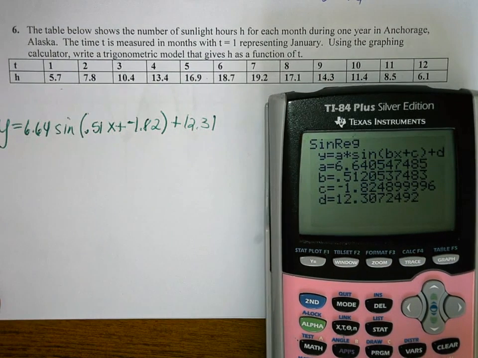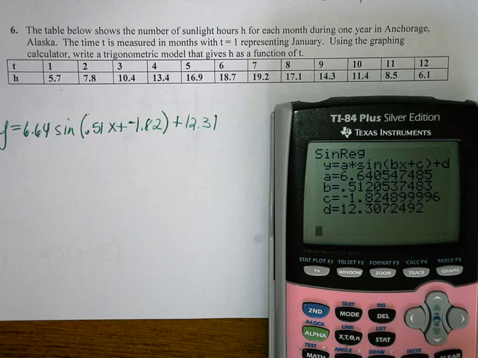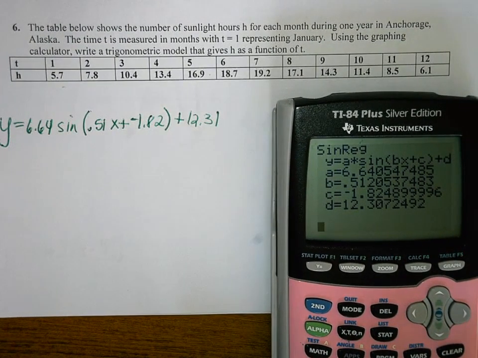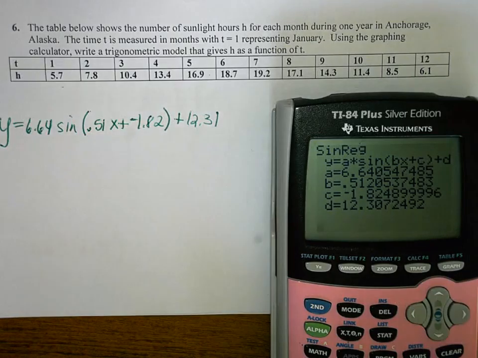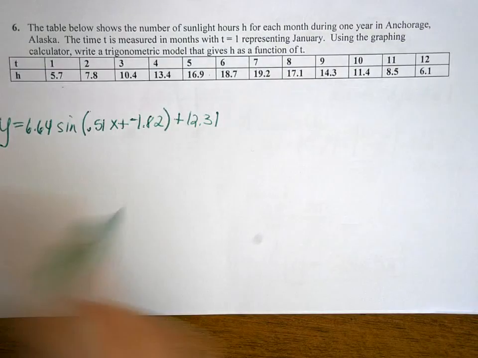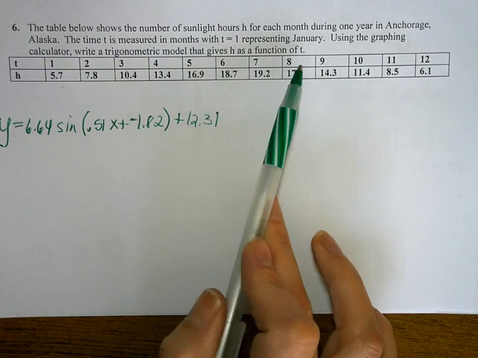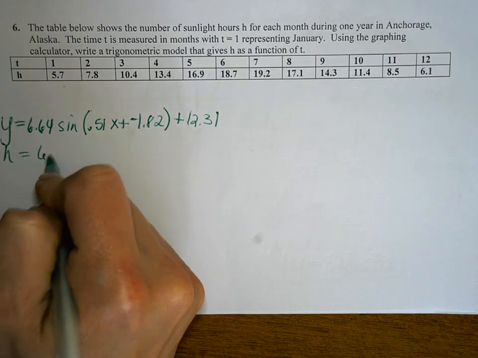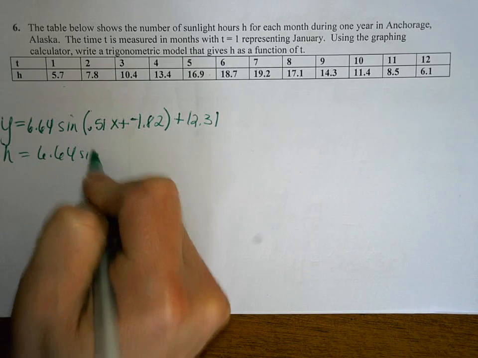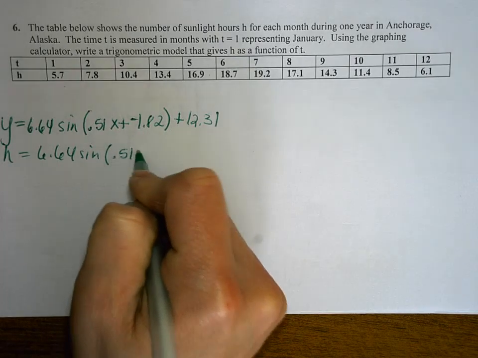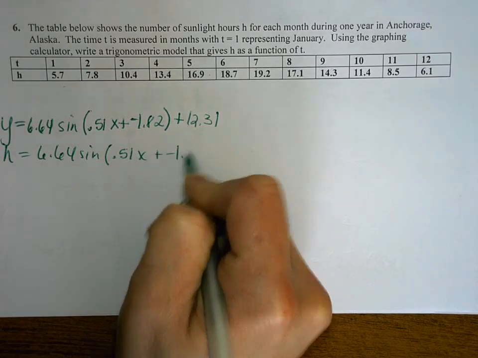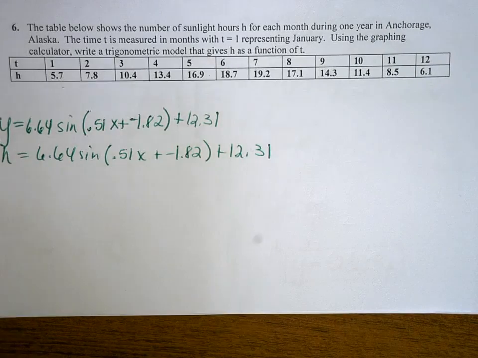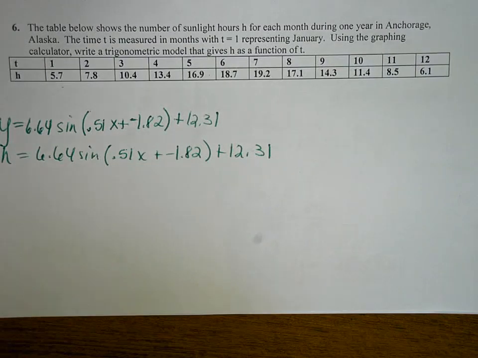Okay, now, just a comment. They told me first of all that they wanted me to use h as a function of t. So instead of y, I'm going to have h is equal to 6.64 sine, and in parentheses 0.51t plus negative 1.82, plus 12.31.